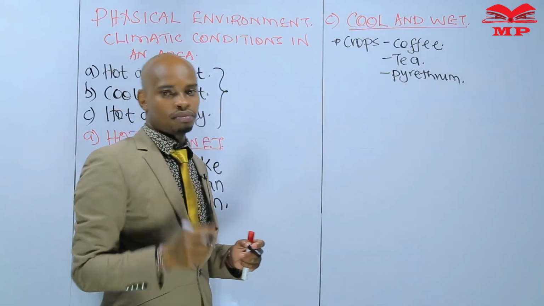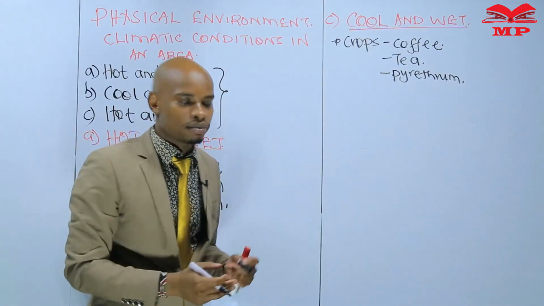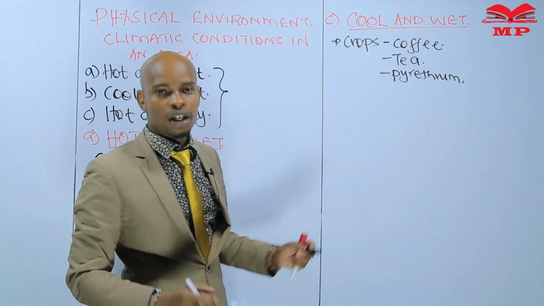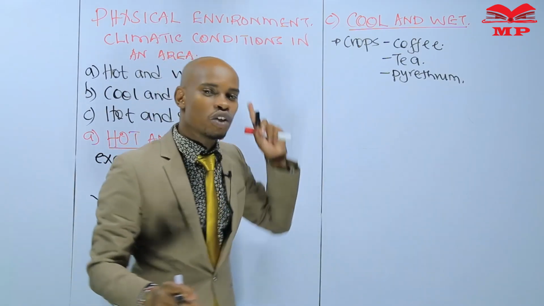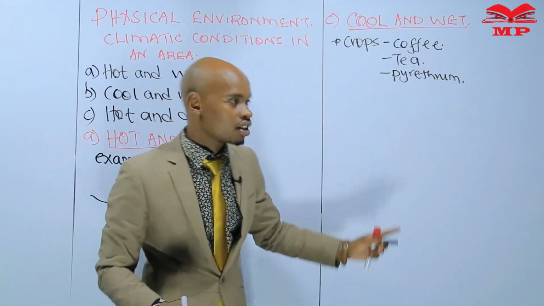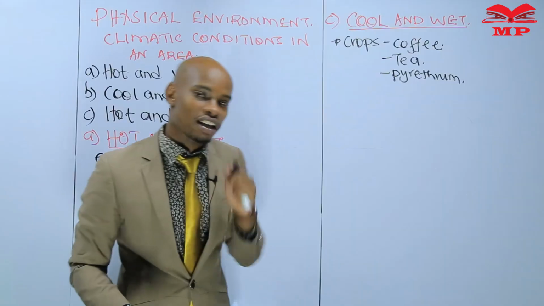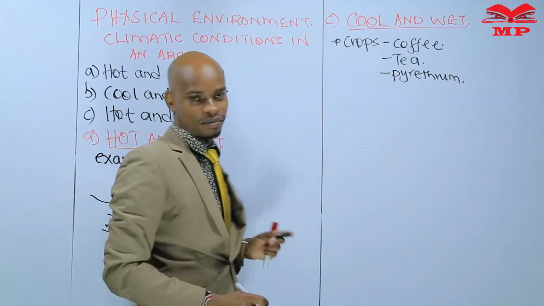In a map, if you happen to see a section or a whole map having these crops, coffee, tea, pyrethrum, that climatic region of that area is with no single doubt cool and wet. Why? Because coffee, tea, and pyrethrum do well in cool and wet conditions.